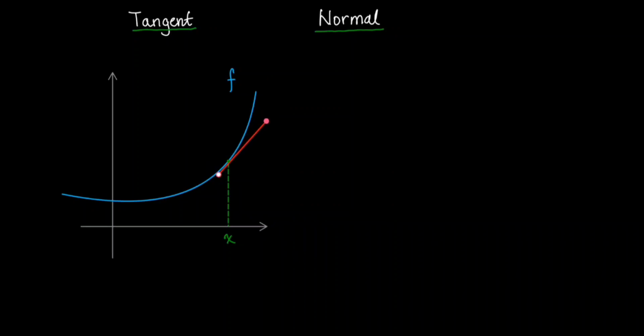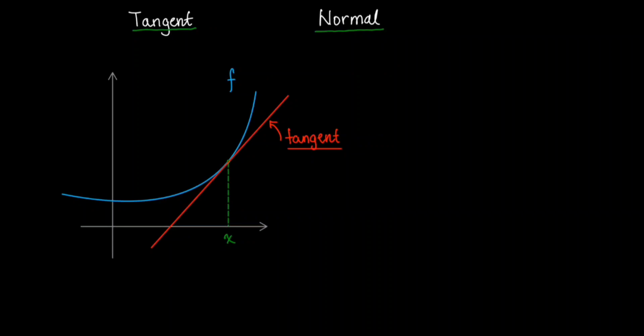Funny enough, if we were to extend this line to infinity on both sides, we would get a linear function with the same gradient as the curve's gradient at that x value. And this red line here is called the tangent of a curve. It's basically a linear representation of a curve slope at a specific x value.